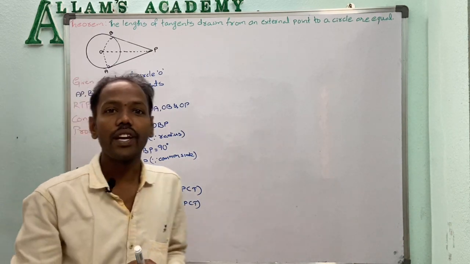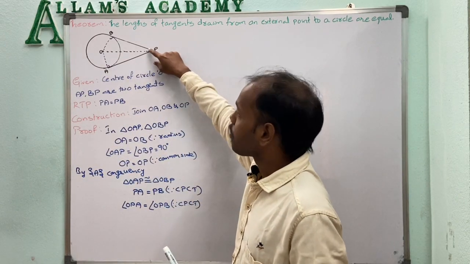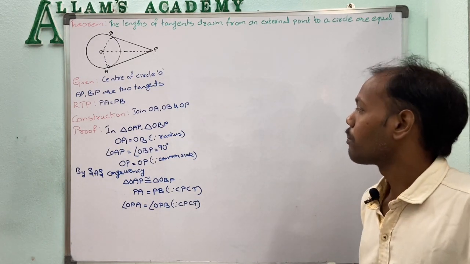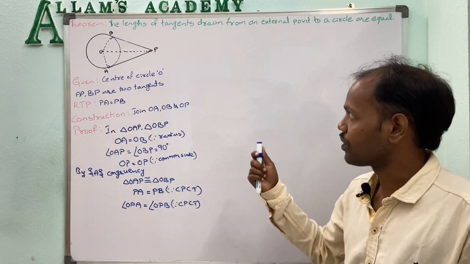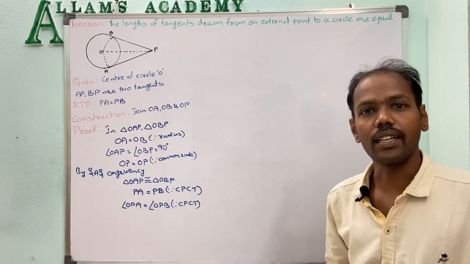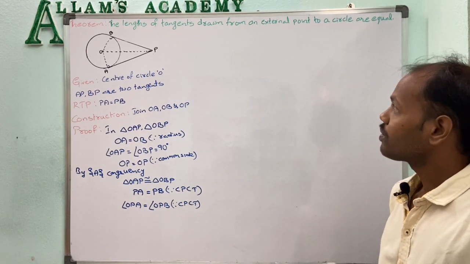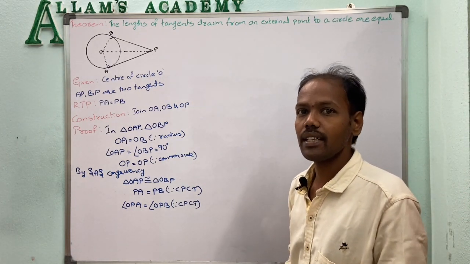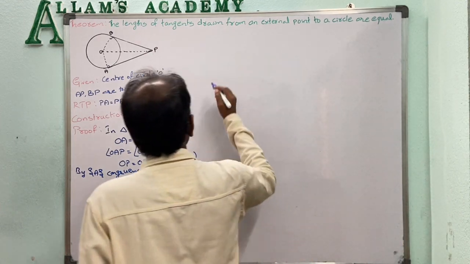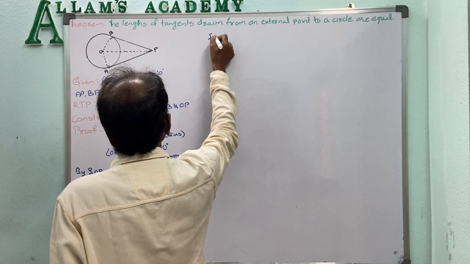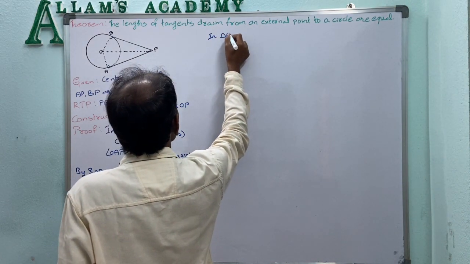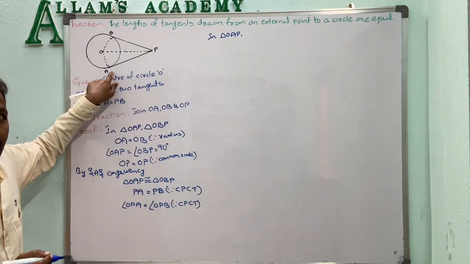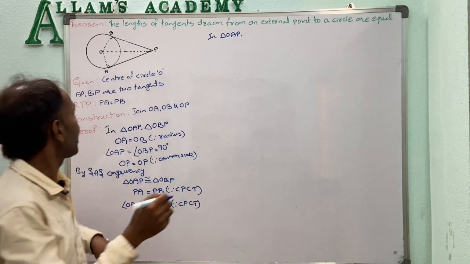That means OP is the angle bisector. Okay. Now this one we can show by the Pythagoras theorem also. If we observe in triangle OAP, angle at A is 90 degrees, so OP is the hypotenuse.